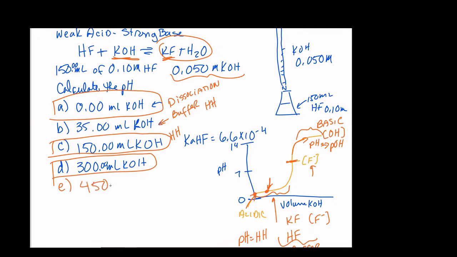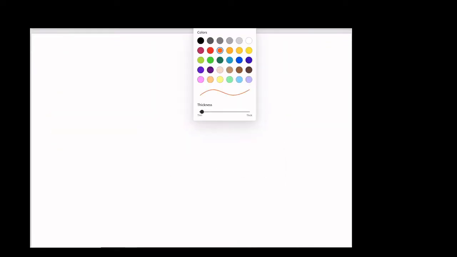We can go ahead and add 450 milliliters of KOH. And at that point, we're going to be in the hydroxide or basic range, right? And we'll calculate the pH from the pOH. All right, so let's go ahead and get started and look at what these calculations will look like. So this is going to be a very in-depth study of a titration problem.